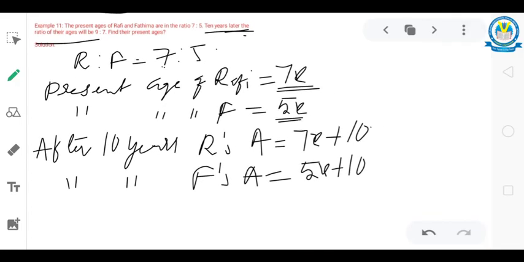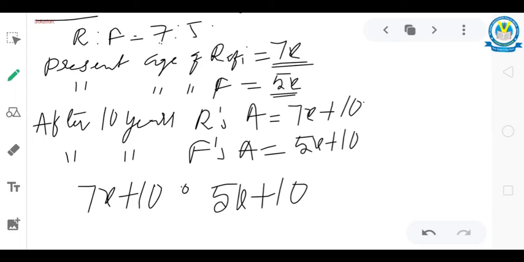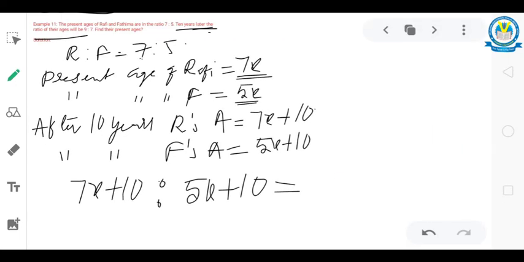So observe this carefully. After 10 years their ages are 7x plus 10 and 5x plus 10. We can form the ratio that is exactly 9:7. Observe this carefully.